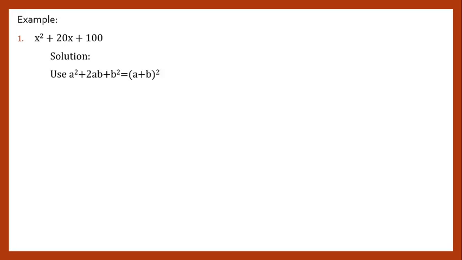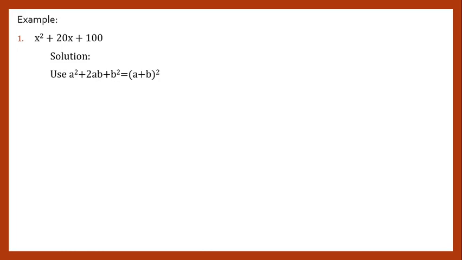So, for the solution, we use this form: a squared plus 2ab plus b squared is also equal to a plus b raised to 2, the quantity. Okay, the first step is to find the square root of the first and then the third term, so it is easier to get the values of a and b. Notice that for factoring this special form, you need to get the values of a and b.